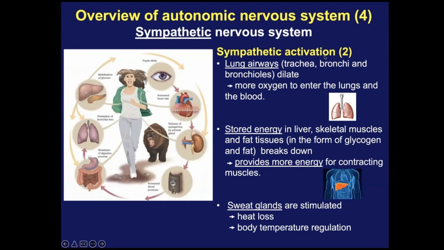During the sympathetic activation, the sweat glands are also stimulated. This will help with the heat loss from the skin, which is important for the body temperature regulation, for example, during exercise.